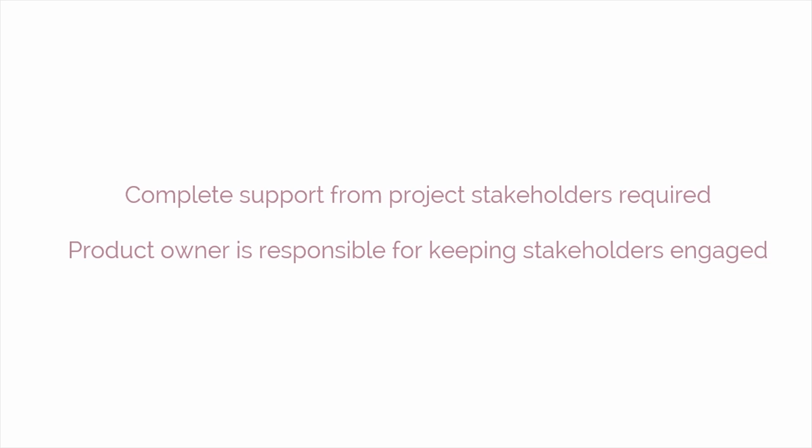We talked about maintaining communication with stakeholders, but how do we maintain stakeholder involvement? Scrum requires complete support from the project stakeholders. The responsibility for keeping stakeholders engaged lies with the product owner.